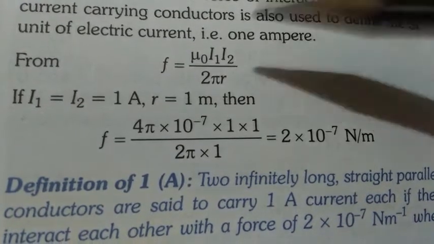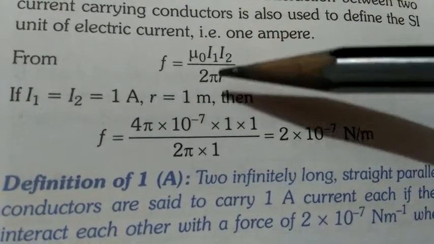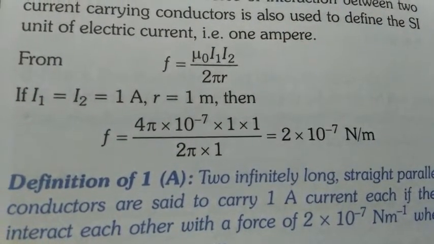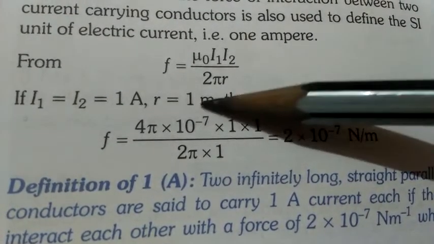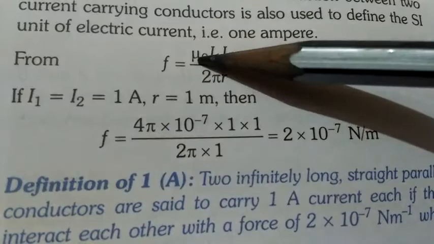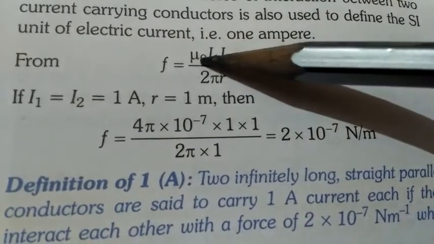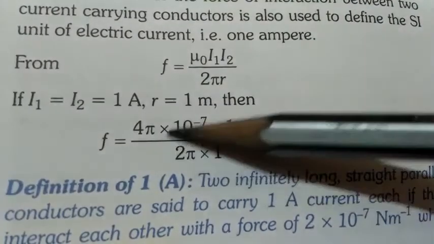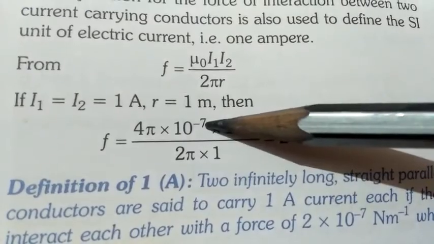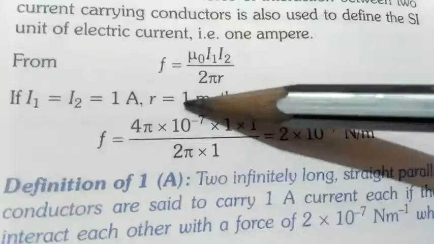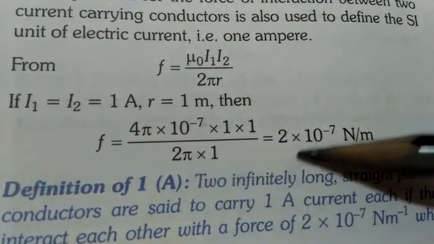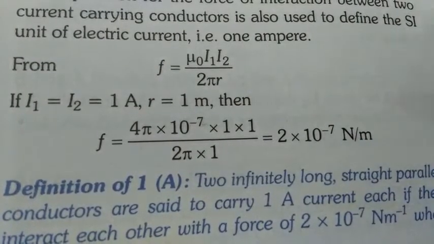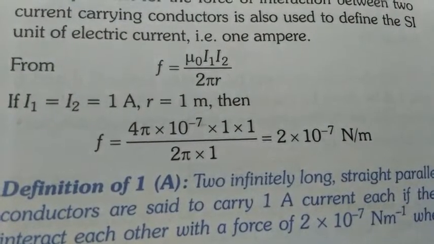Now if in this formula we put I1 and I2 equal to 1 ampere, r, the separation between the plates, as 1 meter, and the value of mu naught is 4 pi into 10 to the power minus 7. When we put all these values, we get F equals 2 into 10 to the power minus 7 Newton per meter.